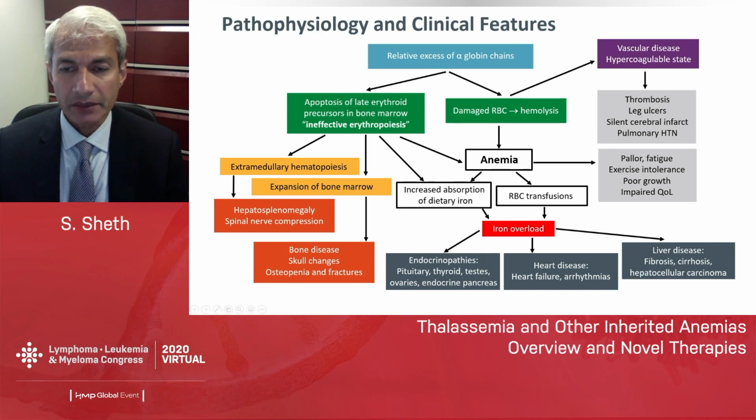And then obviously the symptoms from anemia, if the individual is not transfused, which includes pallor, fatigue, exercise intolerance, in children, poor growth and development, and overall an impaired quality of life. So definitely not a benign condition.